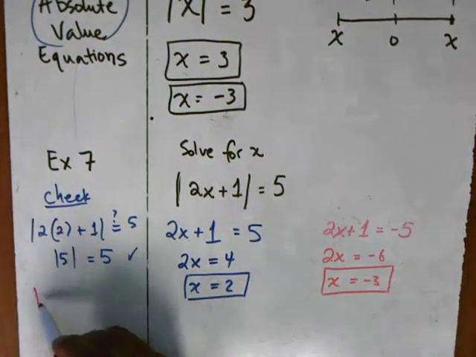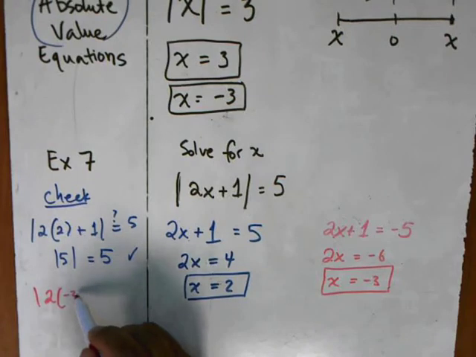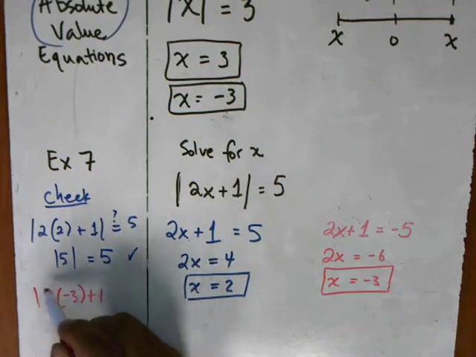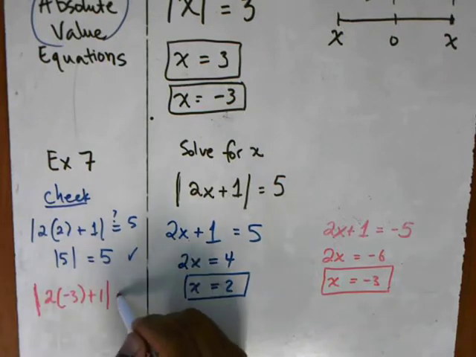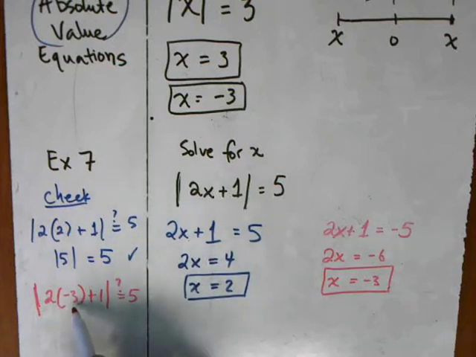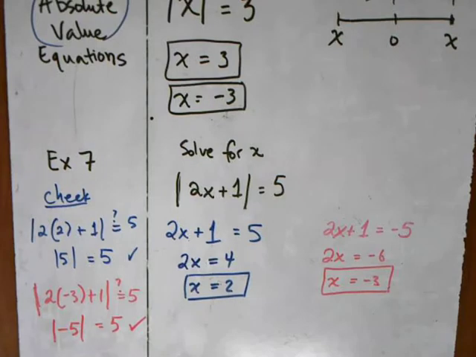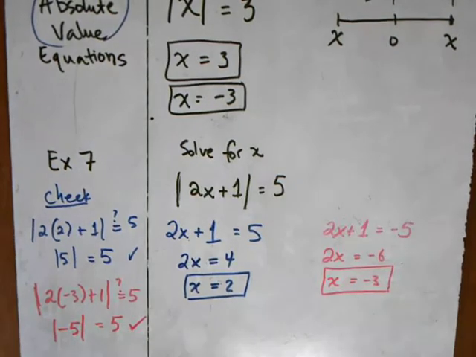Is the absolute value of 2 times negative 3 plus 1 really equal to 5? Well, 2 times negative 3 is negative 6, plus 1 is negative 5. The absolute value of negative 5, in fact, is 5. So that's good. So we checked and we verified that this works.